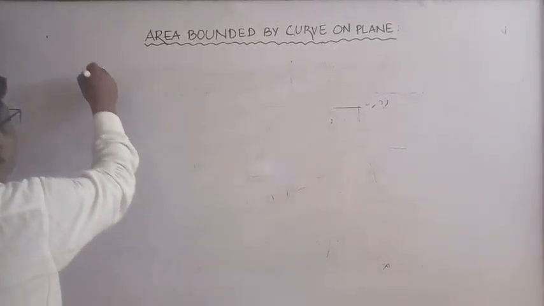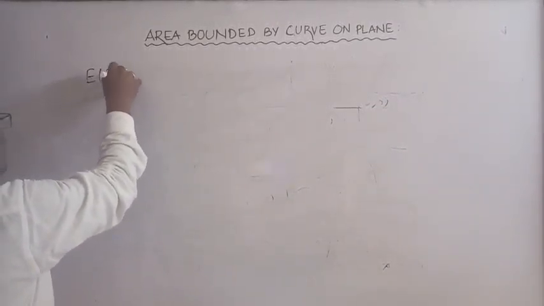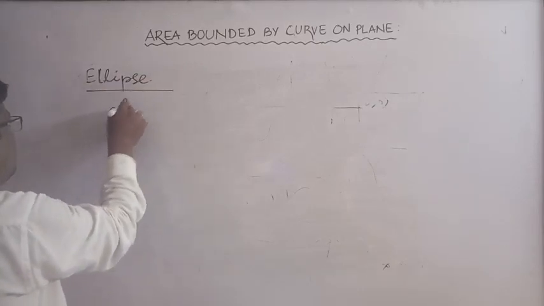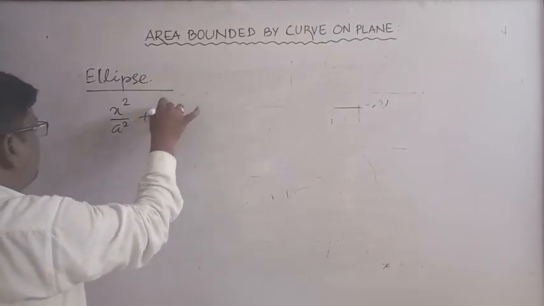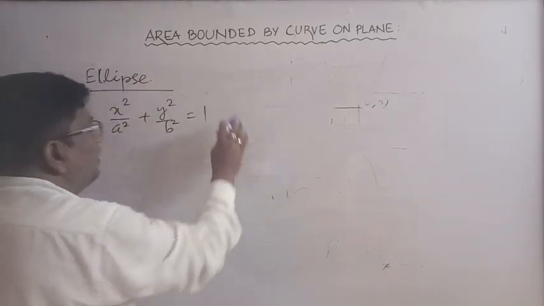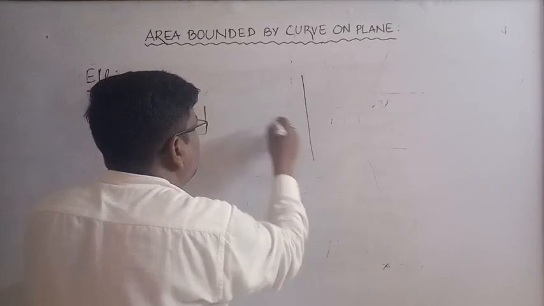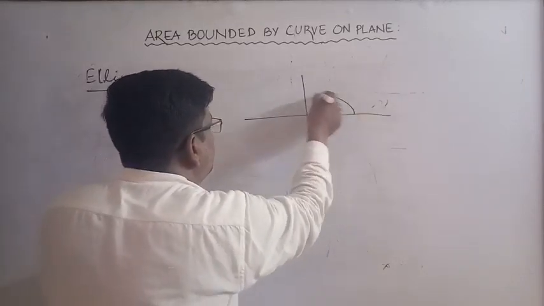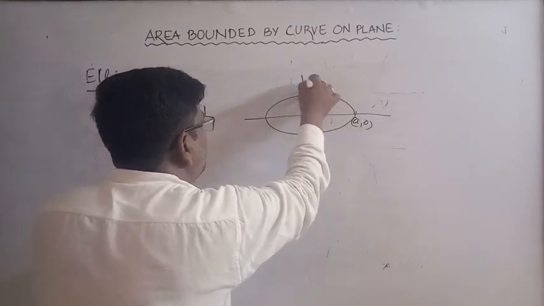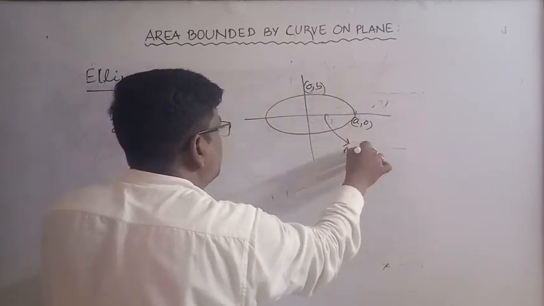Ellipse. x square by a square plus y square by b square is equal to 1. The graph is like this. This is the major axis, and these points are (a, 0) and (0, b).